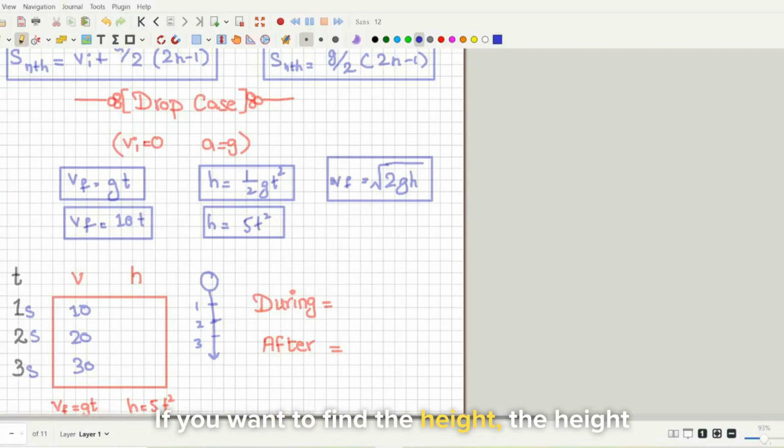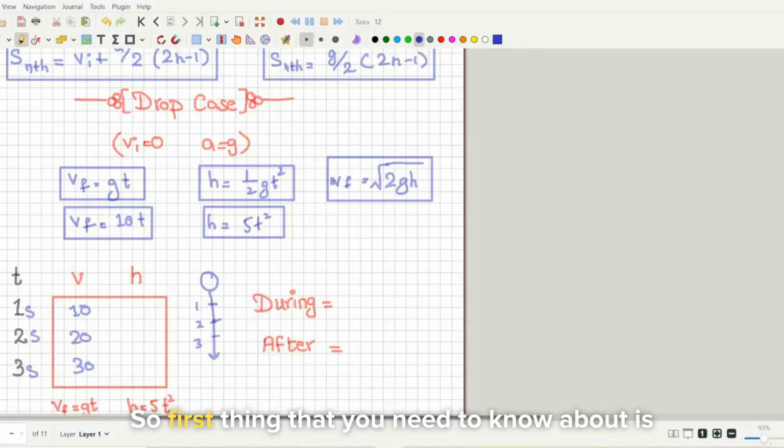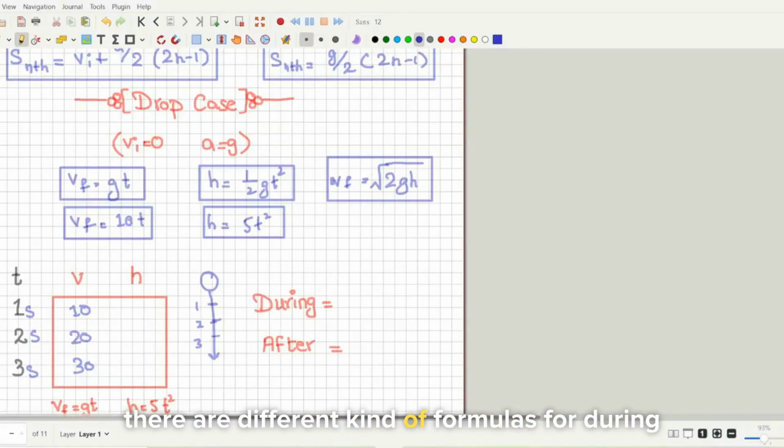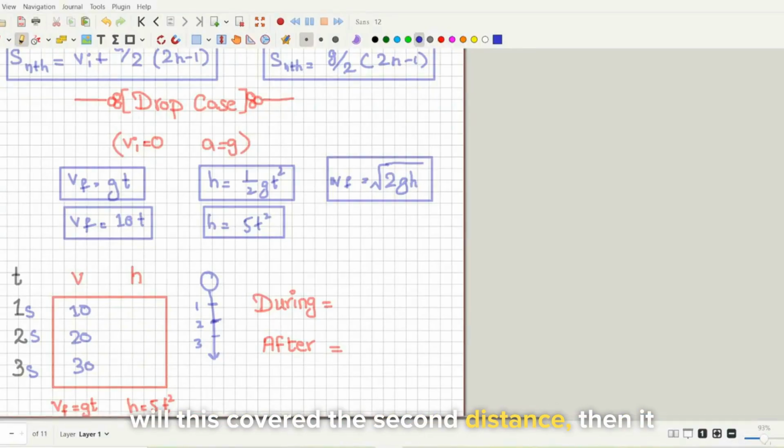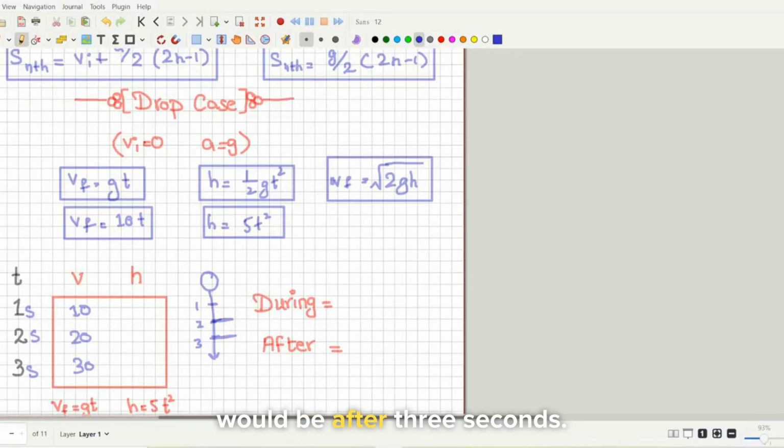If you want to find the height, it would be equal to 5t square. There are different kinds of formulas for during and after the seconds. If the ball has fallen for 1 second, then this is the distance after 1 second. Then after 2 seconds, and after 3 seconds.